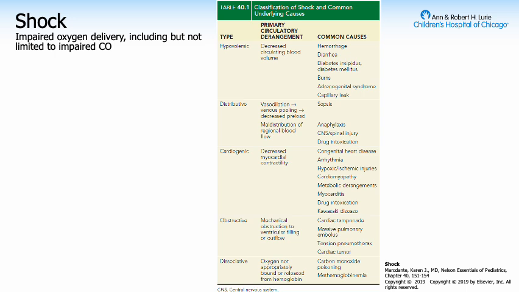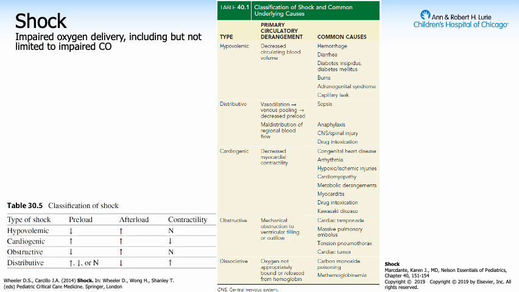Either it's not appropriately bound or not appropriately released from hemoglobin. And so that is the exception to the rule where typically shock is a low cardiac output state. Dissociative shock is generally a normal cardiac output state.